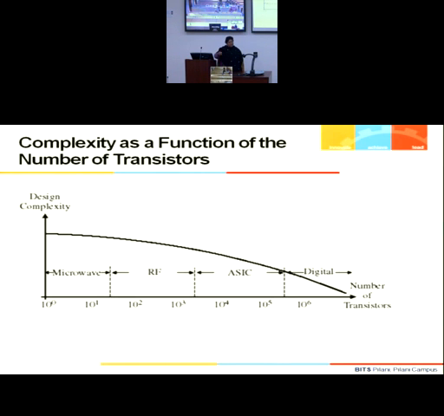As a result, analog and digital can be put together in one single system design. That's the reason. Architecture and technology are both important, but the way you design is also very important.